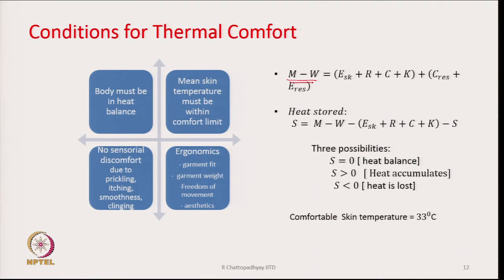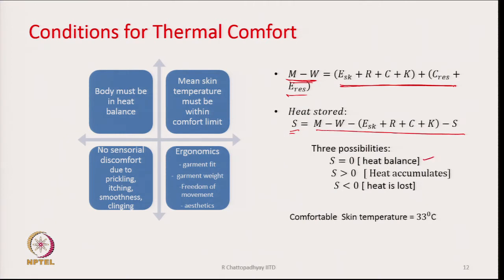So, heat stored is this much: M minus W minus E minus S K plus R plus C plus K minus S. There are three possibilities, that is, how much metabolic heat you are producing and how much work is being done, and M minus W should be equal to this, so that the heat balance is always maintained. If S is 0, heat is perfectly balanced.